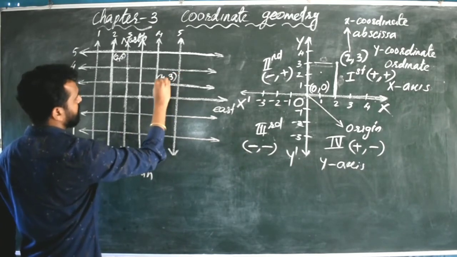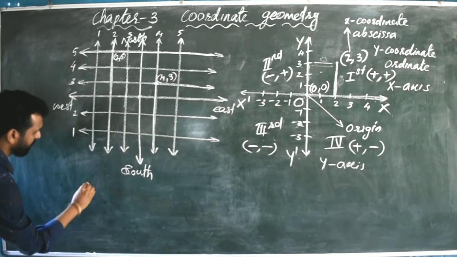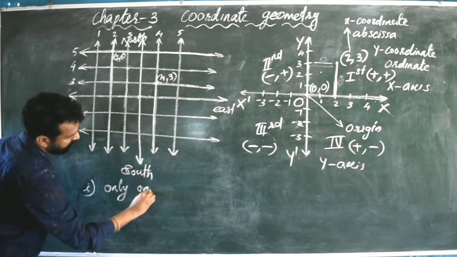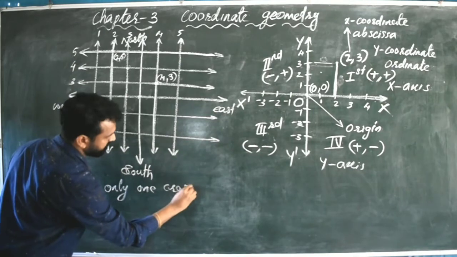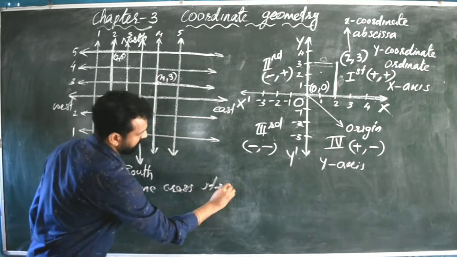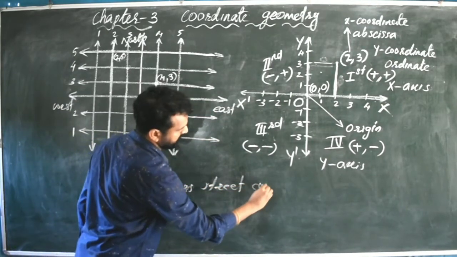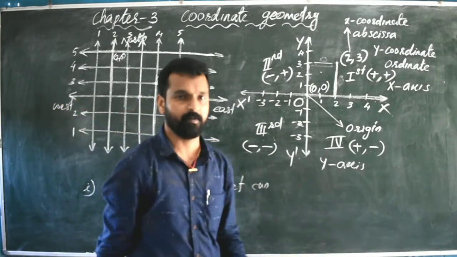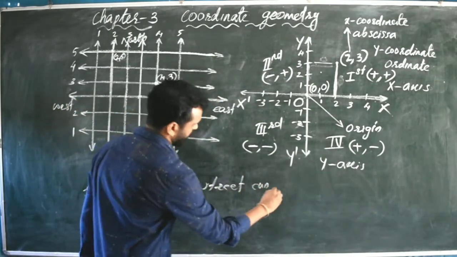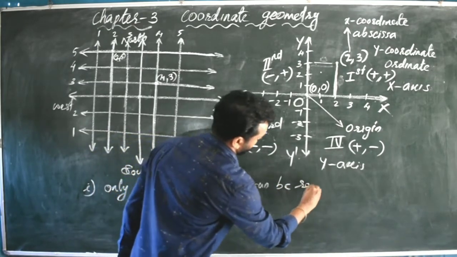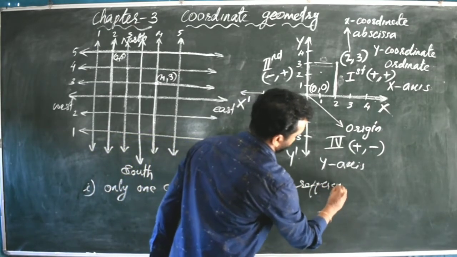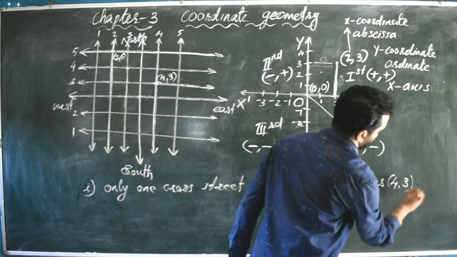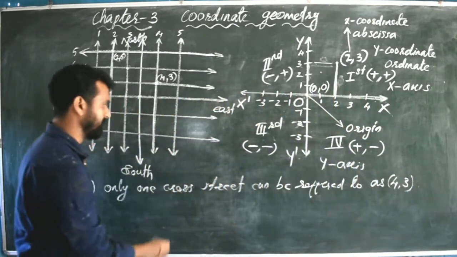Only one cross street here. So for question number 1, you have to write: only one cross street can be referred to as 4-3. That is the answer for the first question.